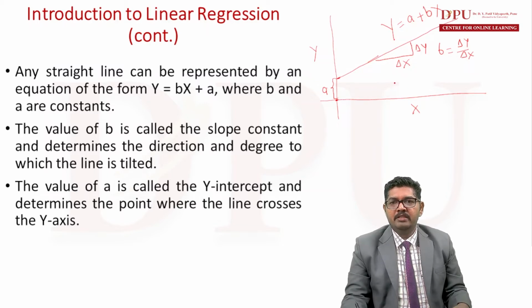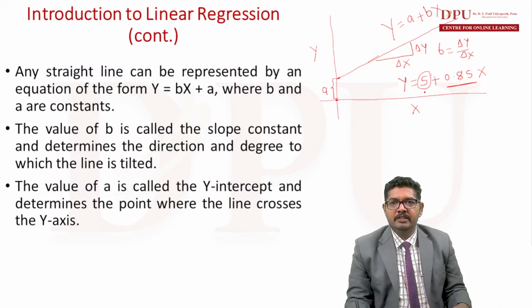Now let us take an example of a regression equation. y equals a, let us take a equal to 5, plus b equal to 0.85 x. Now the value of a is 5, the distance from the origin to this point is 5, and the slope is 0.85. What does it indicate? a is a constant, and b, that is the slope, is also a constant.